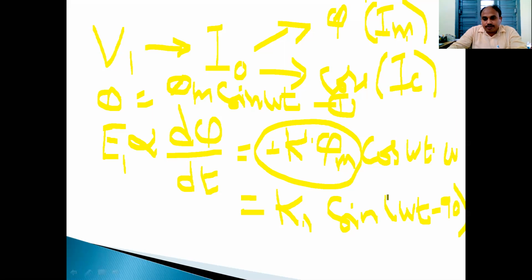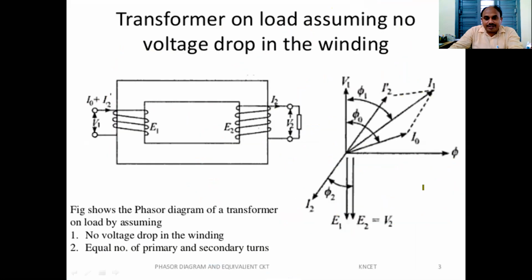So phi equals phi maximum sin omega t, and the induced EMF is proportional to sin of omega t minus 90. That means the phase angle difference between the flux and the induced EMF is 90 degrees.